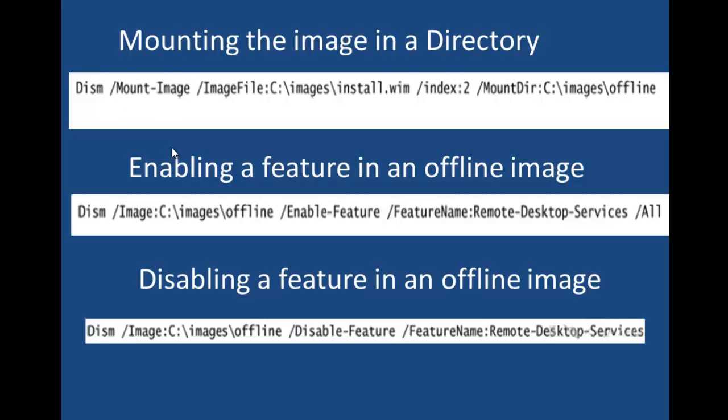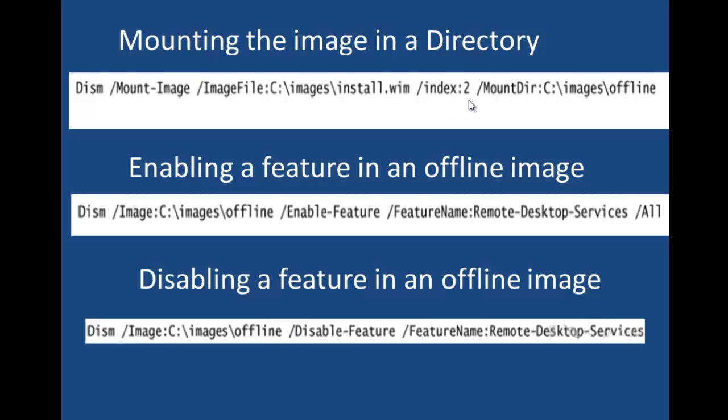So to mount that image, you type at the command prompt dism and the /mount-image parameter, the /imagefile parameter, and the location of the install.wim, and we identify the image with /index:2.